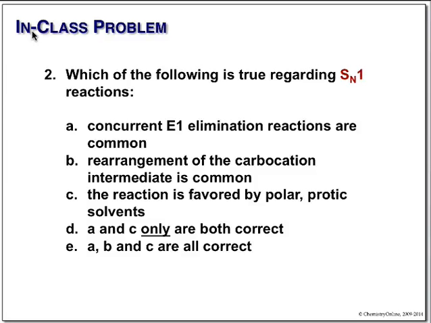Reaction is favored by polar protic solvents. Well, if you're going to make ions, a polar solvent is what you want to stabilize the ion. So it sounds to me like all of these are correct. Any questions?